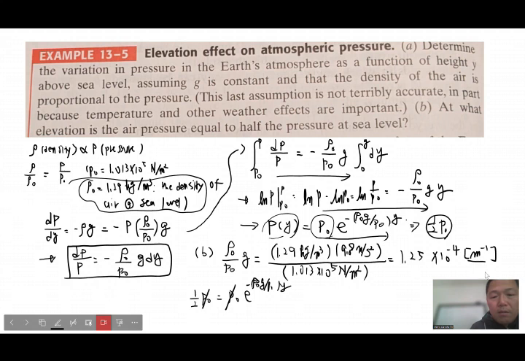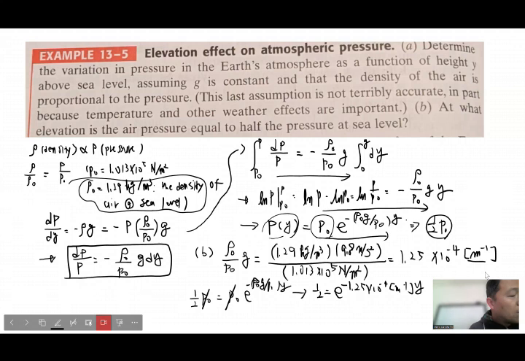If you cancel P naught out of both sides of the equation, that should be one half equals the exponential of minus 1.25 times 10 to the minus 4 inverse meter times y.